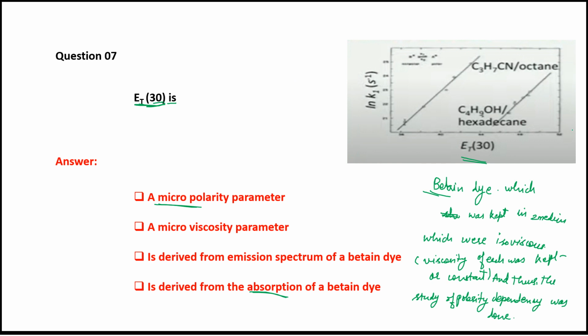Why? Because say this is a nonpolar and a polar, and this is also a mixture of a polar and a nonpolar medium, and this is aprotic and this is protic.